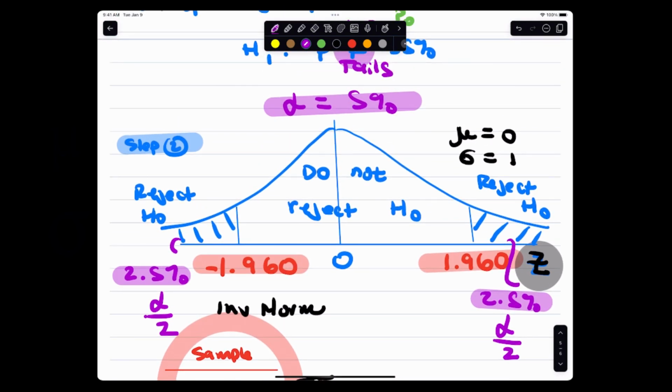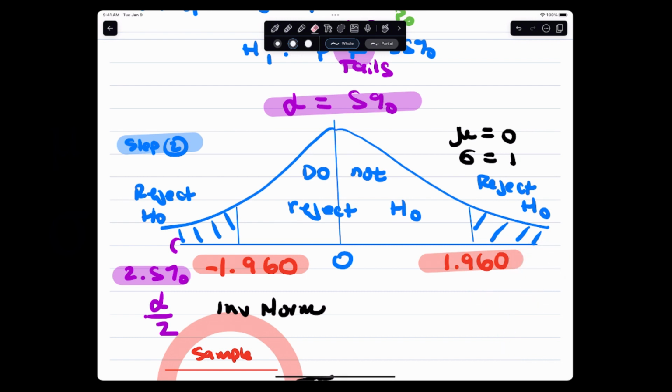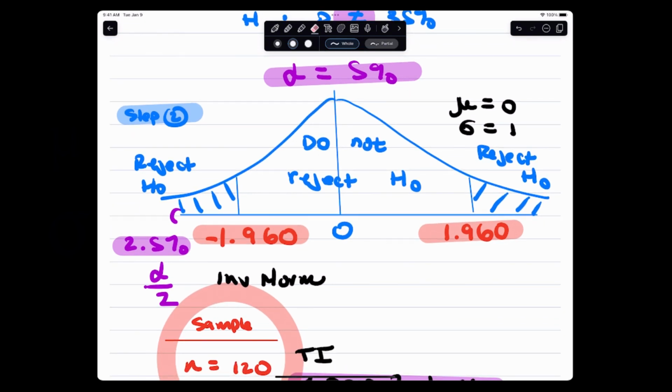Anybody know? Where is it? On the Z. So this is what you're going to have to do now, okay? So here's what I want you guys to know. If your test statistic lies between your critical values in this range, it doesn't, but if it did, you do not reject the null.